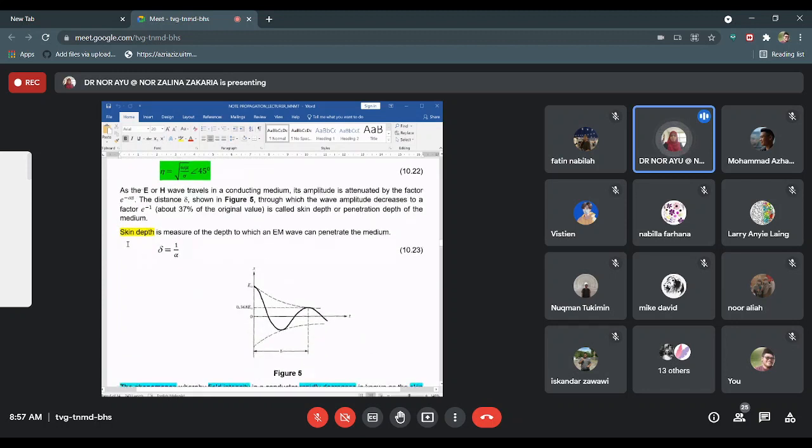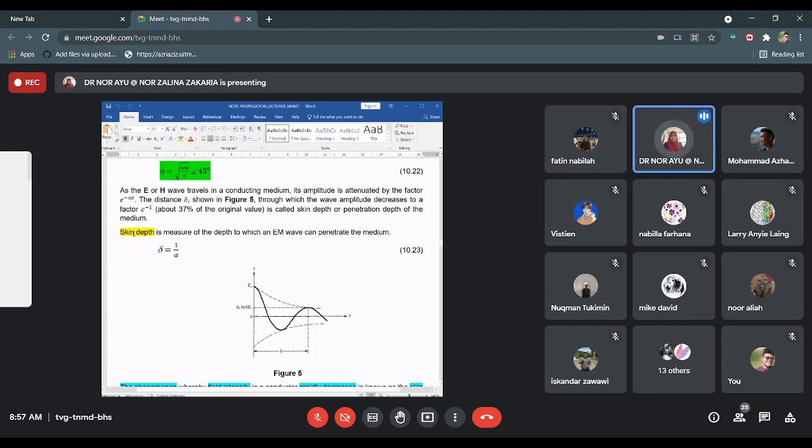Okay, so here we have what we call skin depth. Skin depth is a measure of the depth to which an electromagnetic wave can penetrate the medium. So it is a measure of how strong your wave is, to look into how far your wave can go into a certain medium.